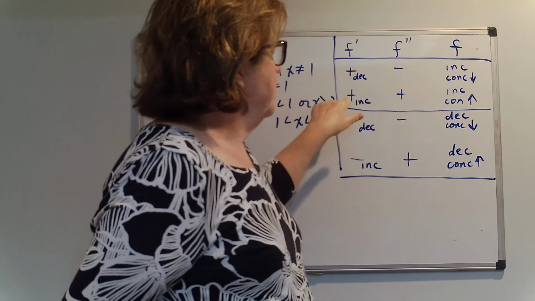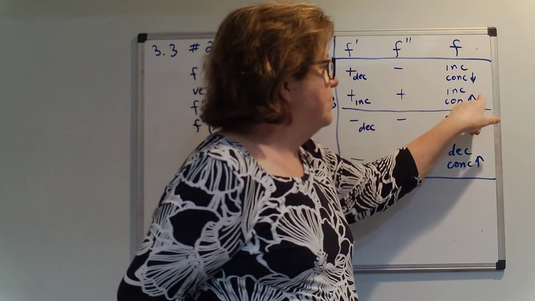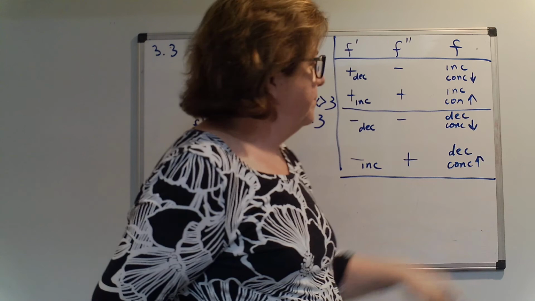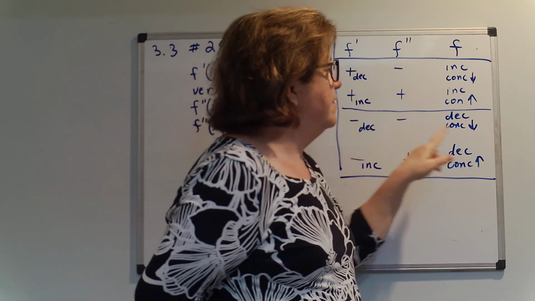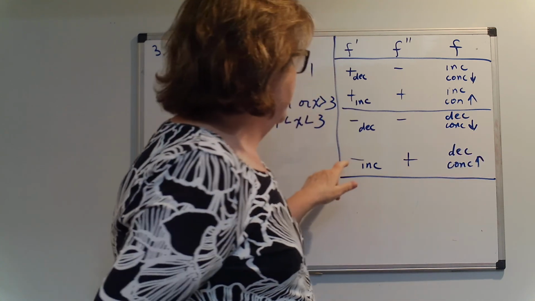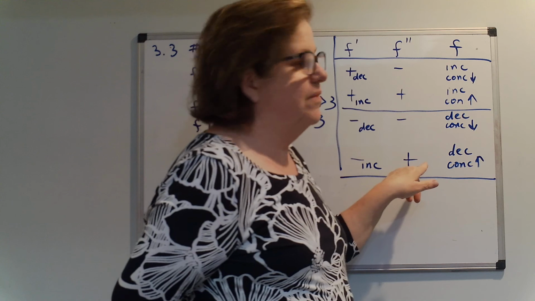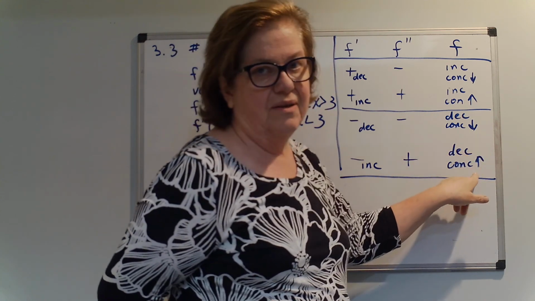If both are positive, our function is increasing and concave up. If both are negative, we have a decreasing function, concave down. If the first derivative is negative and the second is positive, we have a decreasing function that's concave up.